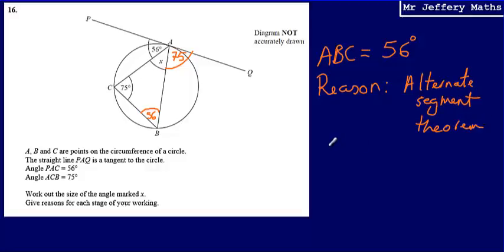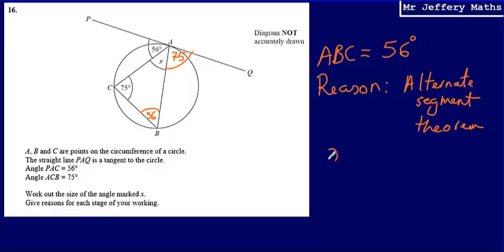Okay. Then what I can see is, well, now I've got a triangle. I've got the triangle ABC. I've got two of the angles, which means that this angle X is just going to be 180 minus 75 minus 56, because they all have to add up to 180 in that triangle.